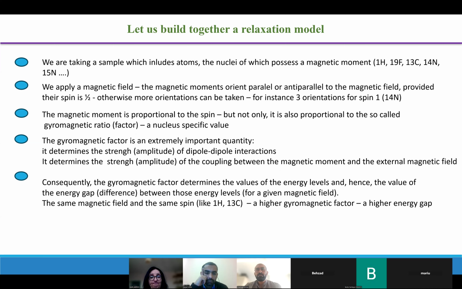Namely, as we said, protons have magnetic moments. Magnetic moments are always associated with something which is called spin quantum number. And the fact that if you apply a magnetic field, for the magnetic moment of protons, there are only two possible orientations, implies that the so-called spin quantum number of proton is 1/2. Why?